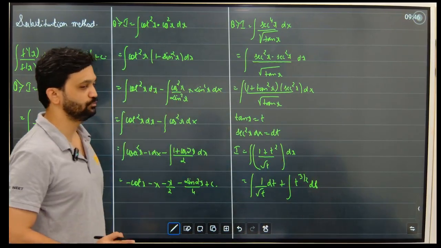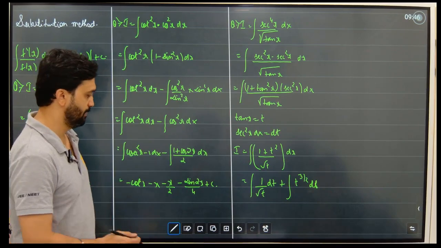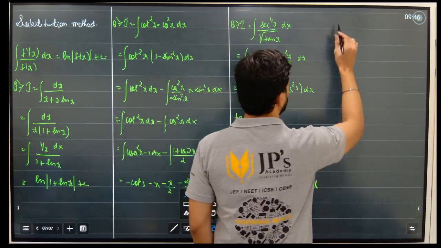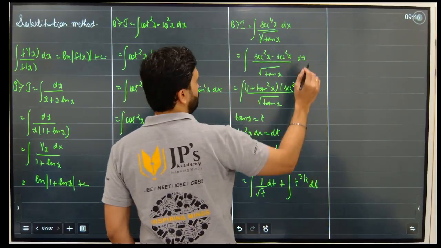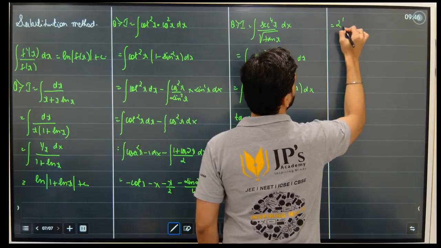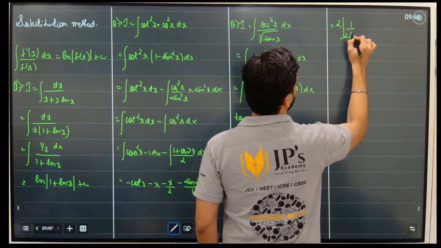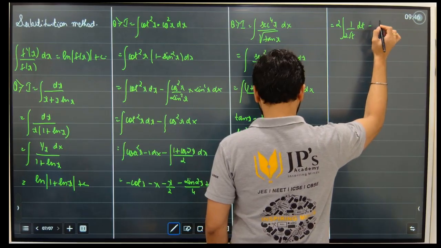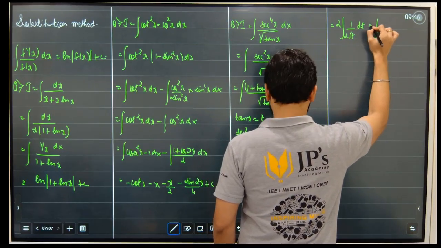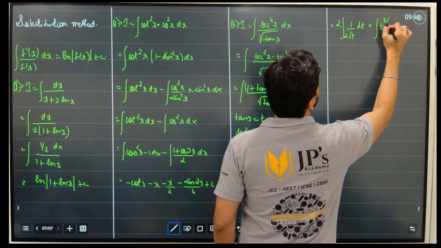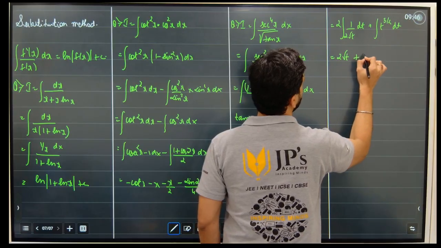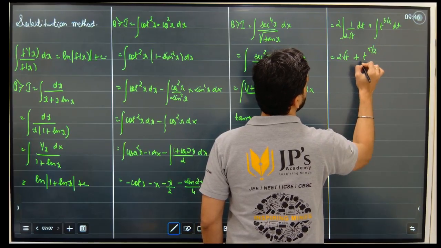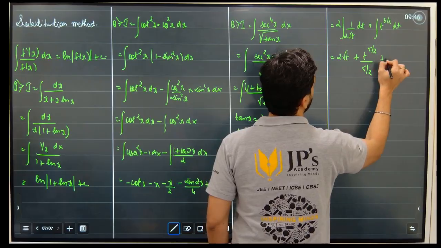And all you have to do is just put the formula here. If I solve this, this will become 2 root t plus t raised to 5 by 2 upon 5 by 2 plus c.